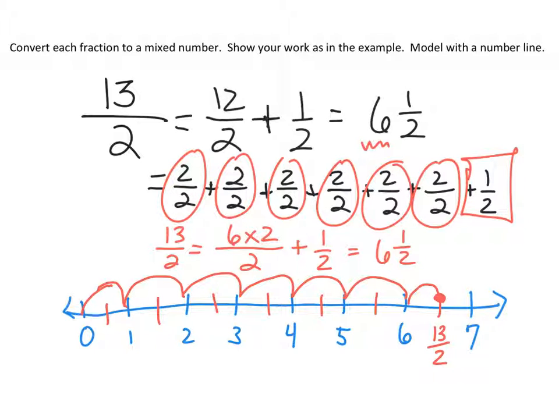So that shows us we went up by a whole, another whole, because 2 halves is a whole. 2 halves, 2 halves, 2 halves. This last one was just a half. So 6 groups of 2 is 6. 6 groups of 2 halves is 6 and a half.